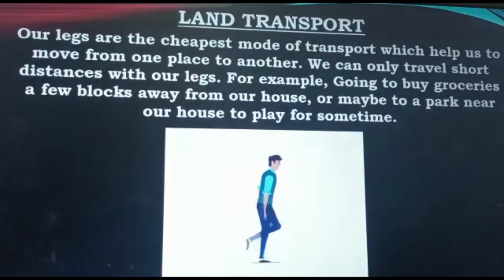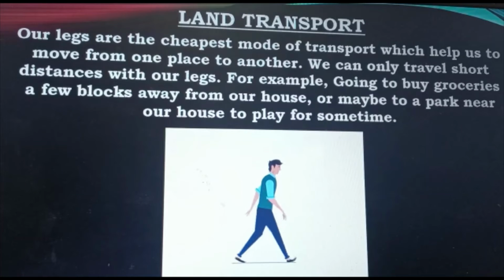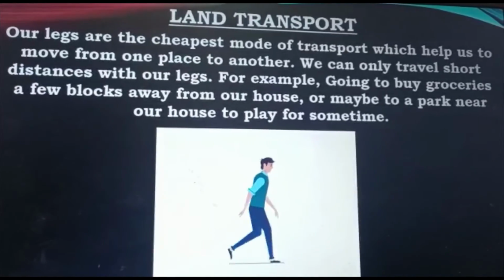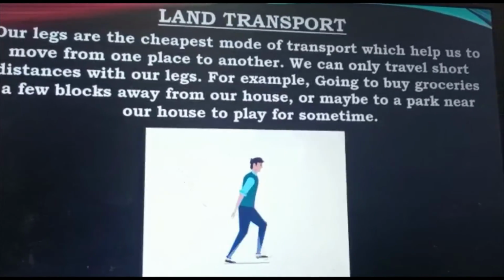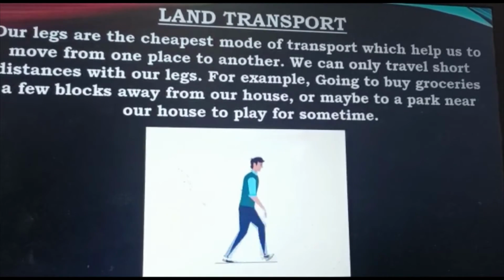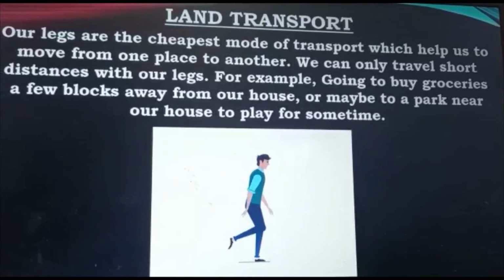Okay, let's go further. Land transport: the cheapest mode of transport which helps us to move from one place to another is our legs. Now, we can only travel short distances with our legs. Only short distances, no longer ones.